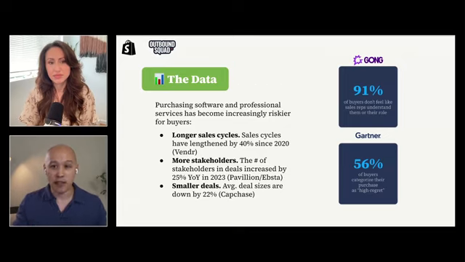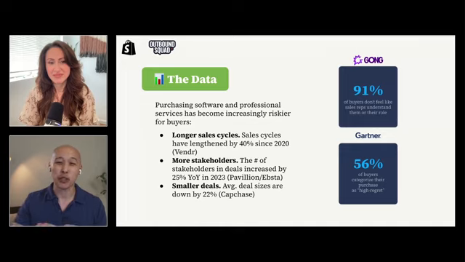I run a training shop, so it's structured very similar to an agency. We work with some agencies, but mostly we work with software companies, Shopify being one of those companies. What you're looking at here on the screen shows you what buyers really think about people that sell stuff.